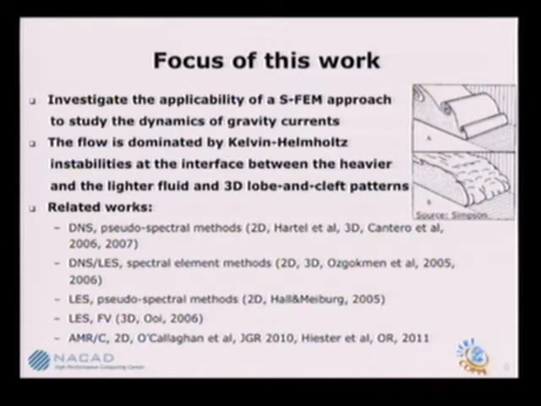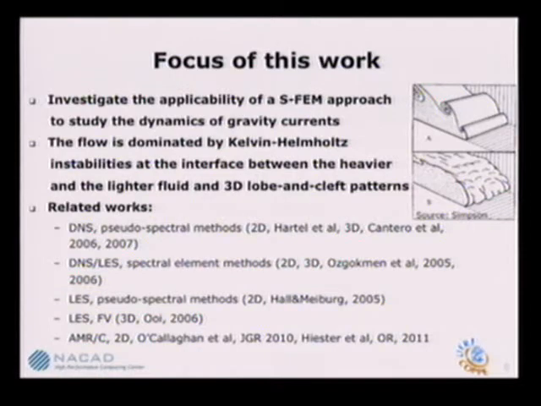The group from Iowa with finite volumes and very high resolution simulations. And very recently adaptive mesh refinement and coarsening solutions appeared. O'Callaghan is from the Fluidity group, which uses quadtrees and Cartesian meshes to solve this. And Hiester is from the Imperial College group in the UK.